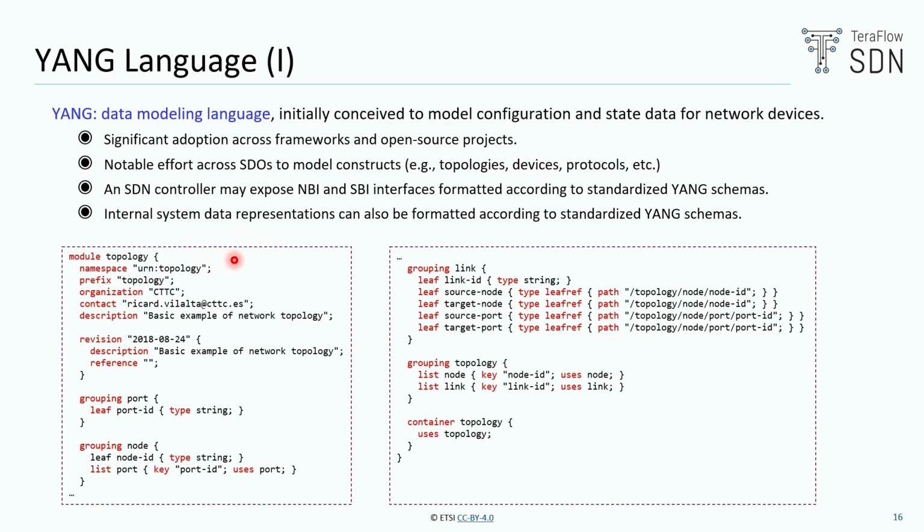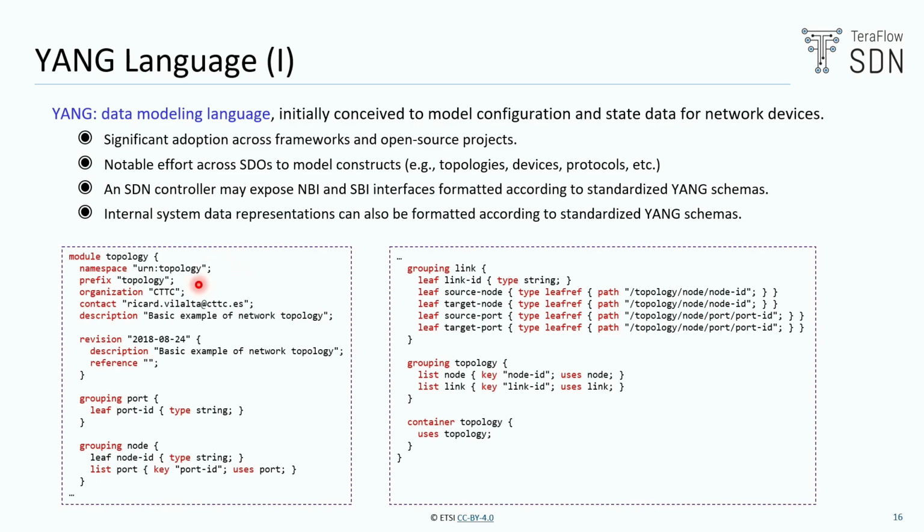Okay. Here I provide an example just to illustrate what I mean. Imagine that I need to define a schema for representing a basic topology that contains a list of nodes, a list of links, and then each node has a couple of fields and a list of ports.